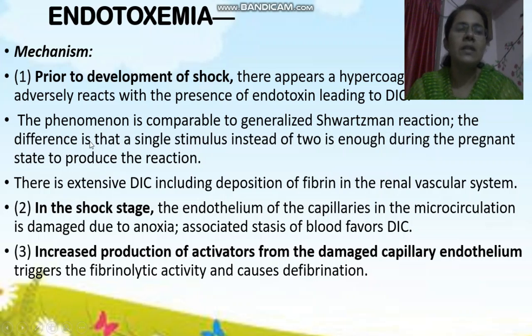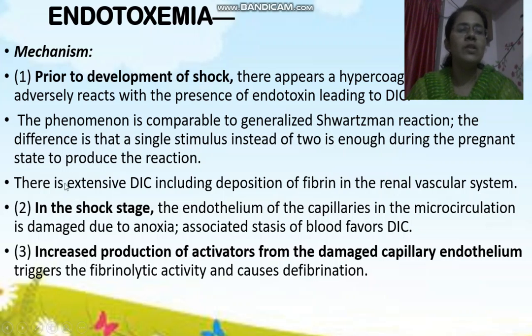The difference is that a single stimulus instead of two is enough during the pregnant state to produce the reaction. There is extensive DIC, including deposition of fibrin in the renal vascular system.